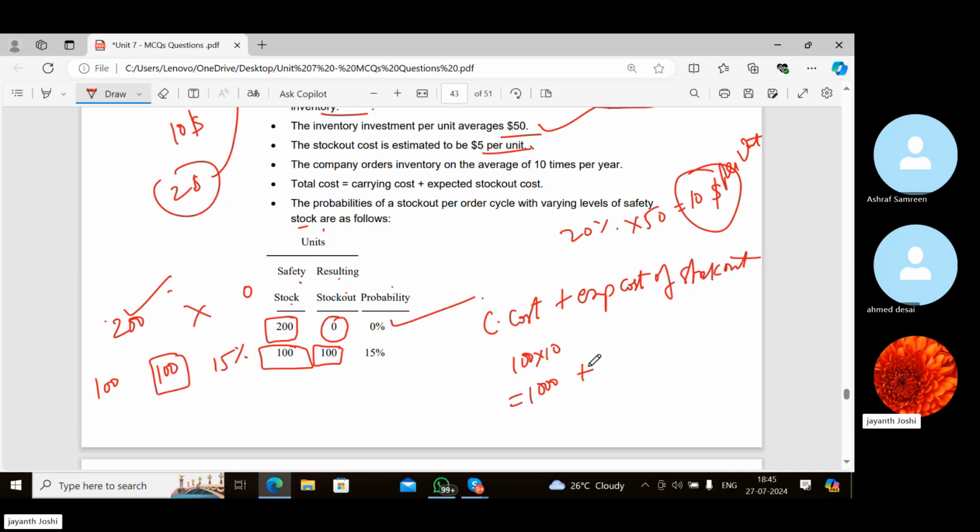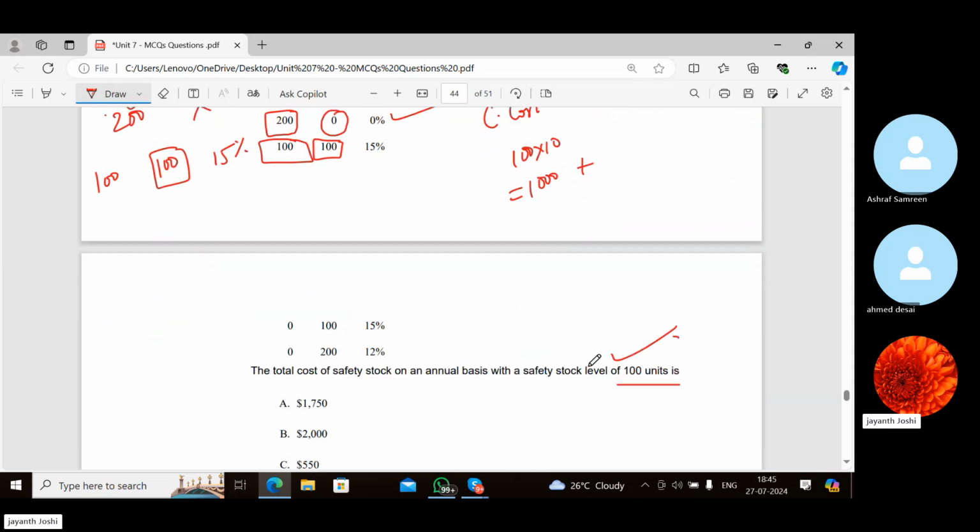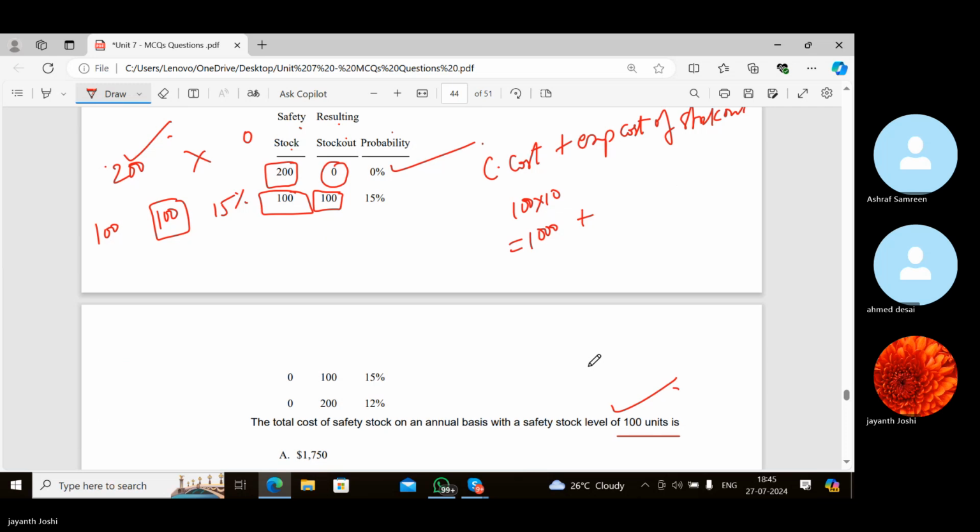When you speak about expected cost of stock out, probability comes into picture. So with 100 units only they're asking, right? So 15% is the probability. 100 units of safety stock.